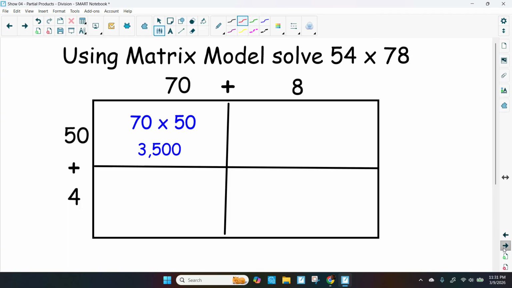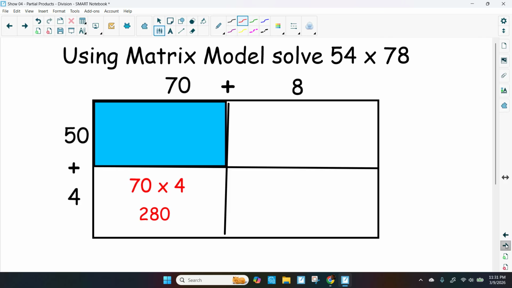So 70 times 50 is 3,500. And 7 times 5 is 35. And I put 2 zeros at the end, and that's why we get 3,500. So we got our first box filled up. So now we're going to go down to the 4 and multiply the 4, because 54 was part of that number.